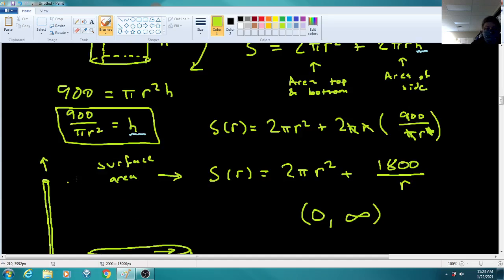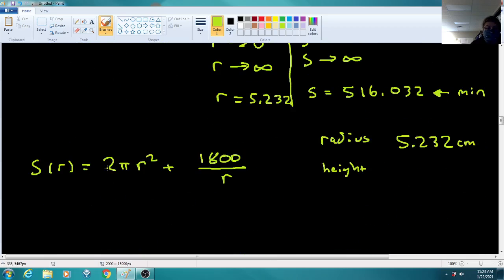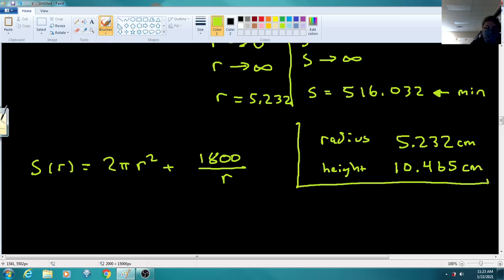That will tell us the height, and the height would be 10.465 centimeters. So these are the dimensions of the can that will minimize the amount of metal used, because they will minimize the surface area of the can. So that's going to wrap up section 2.7, and we'll stop there.